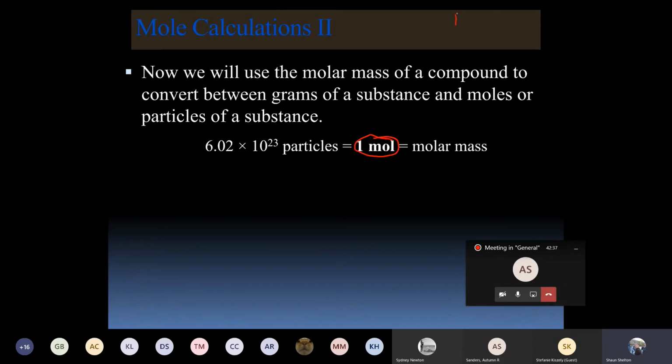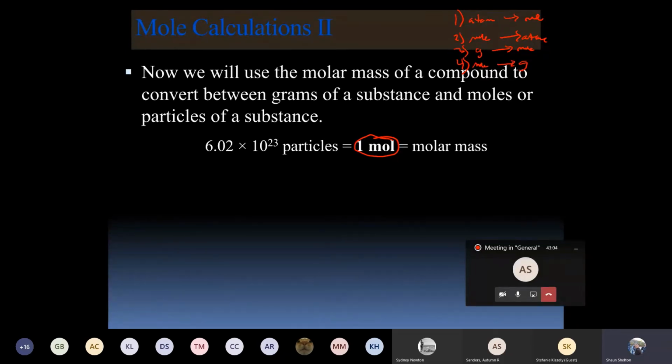We have our conversion factors, the roadmaps up top. So we had atoms to moles, moles to atoms. Now we're going to write two more, 3 and 4. So now we're going to have grams to moles, and then moles into grams.